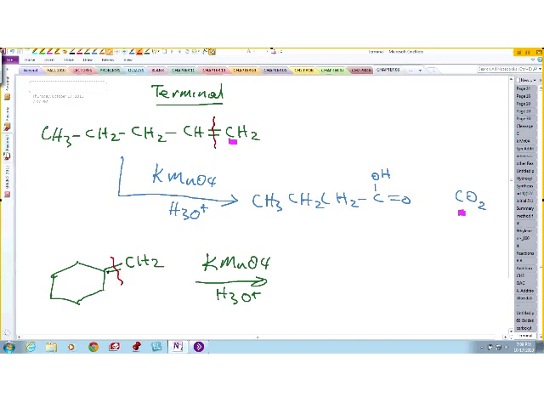This carbon here becomes the carbonyl of a ketone in this case, because there is no hydrogen attached to it, and this carbon becomes carbon dioxide. So you get this. Was that number 6 or 7? 6. Okay, let us go to reaction number 7.